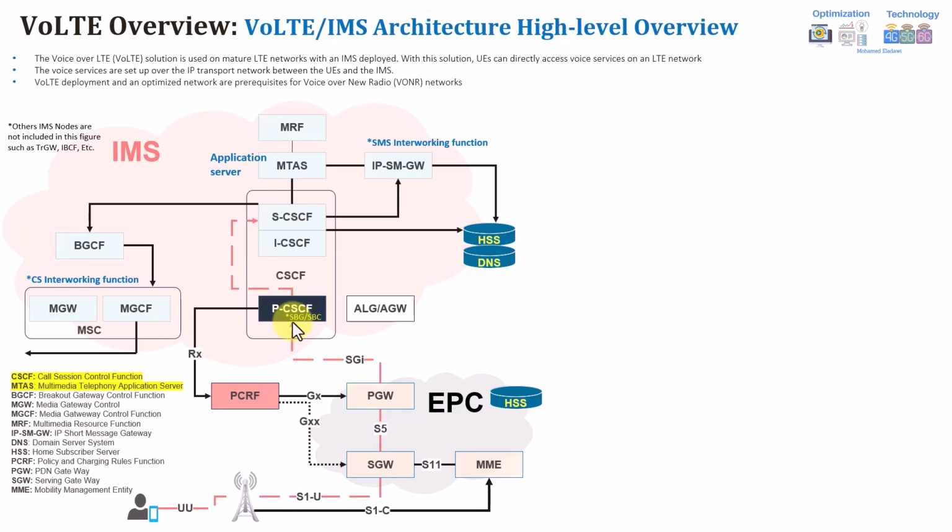So it's the first point of contact, and it's also responsible for forwarding all the SIP messages, which will later be received or sent by the serving CSCF, and we'll explain this part as well. This is the second function, and there is also something called quality of service reservation.